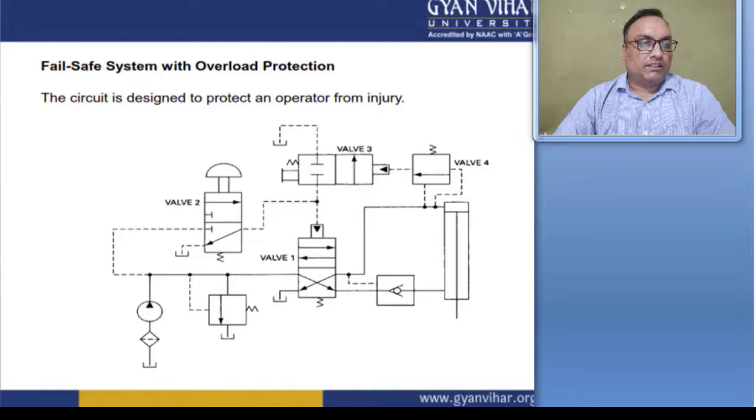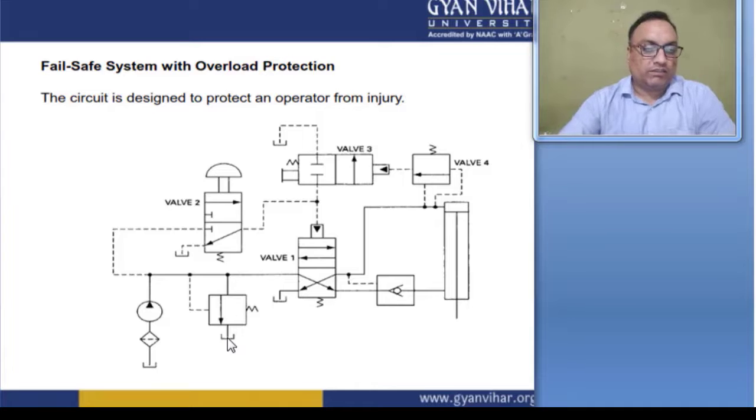The same components are here: this is the check valve, and this is a pressure reducing valve. So different types of components are present here. For the system analysis, this is one control valve, this is another control valve, and this is the third valve. Here in this system, three valves are used for the protection mechanism. So we move to the next slide.